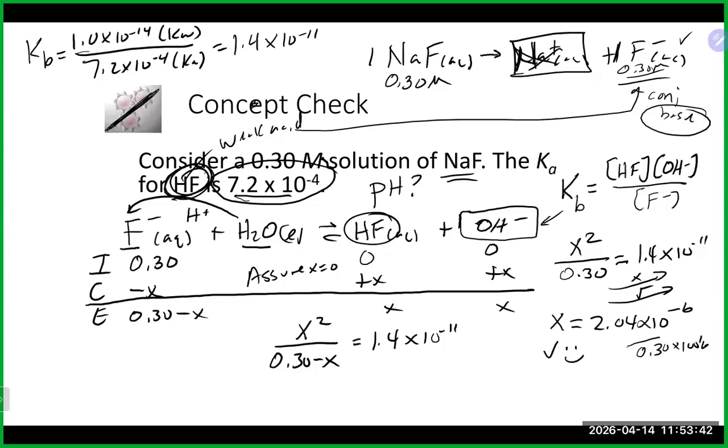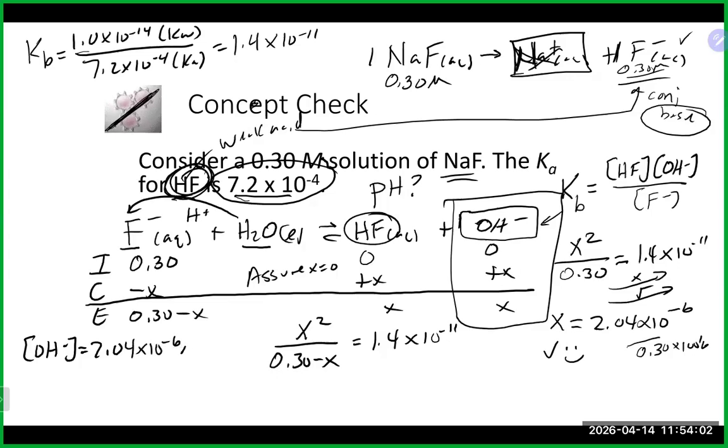That does mean the second very common mistake people make is they do not realize that the x in this case is not the H plus concentration. Again, it is the OH minus concentration. So here the OH minus concentration will equal our x value. That means that we can get our pOH from that.